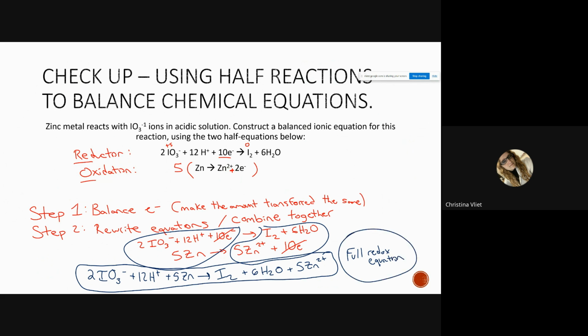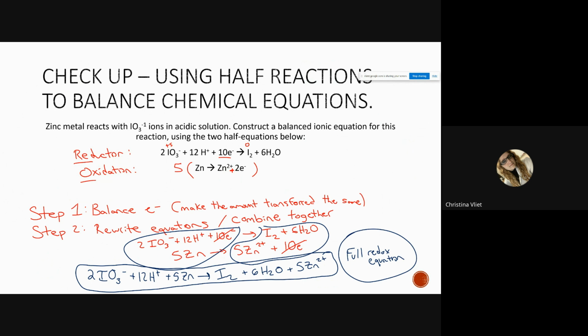When you see the full redox equation, oftentimes the spectator ions are not shown, and you're only seeing what's happening in terms of the electrons that are being transferred.